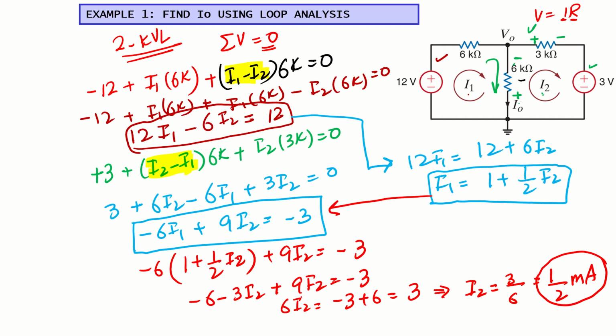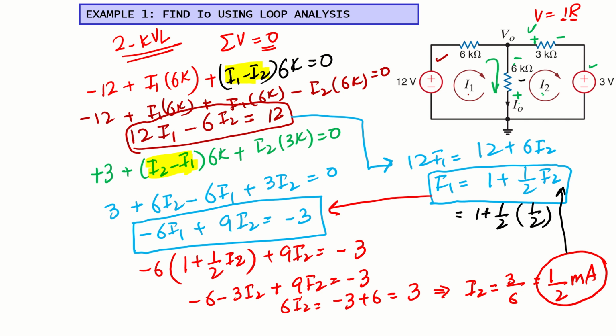Okay, so this current basically comes from after solving the loop 2 equation. Okay, now we can put this one here within this equation, and we can get the value of I1. So that will be 1 plus 1 over 2 of I2. What is I2? 1 over 2.